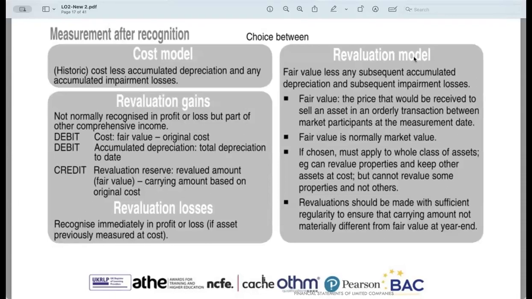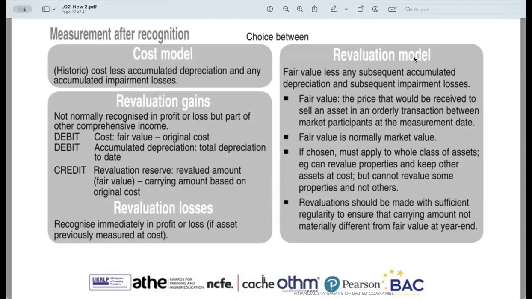This is the price that would be received to sell an asset in an orderly transaction between market participants. Revaluations should be done regularly to ensure that the carrying amount is not materially different from the fair value at the year end.